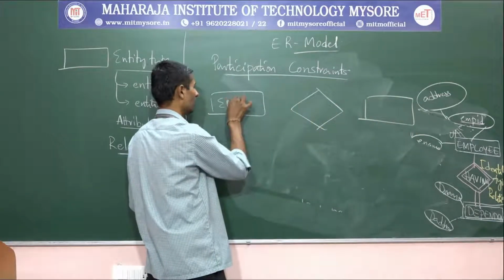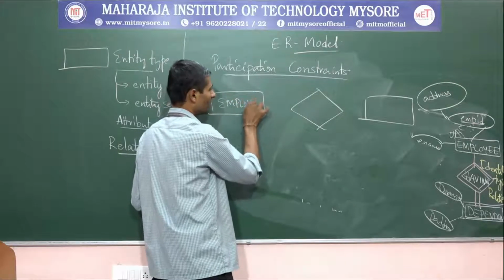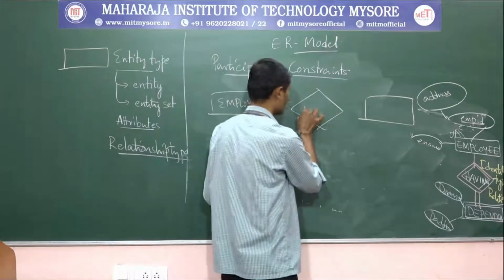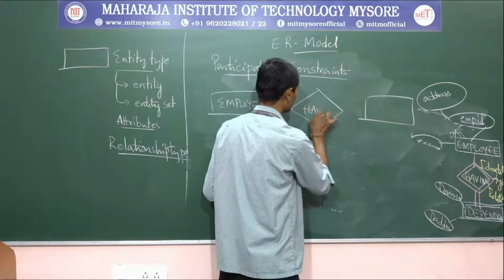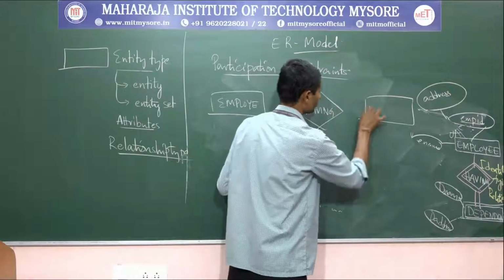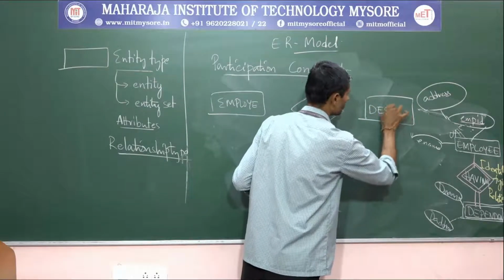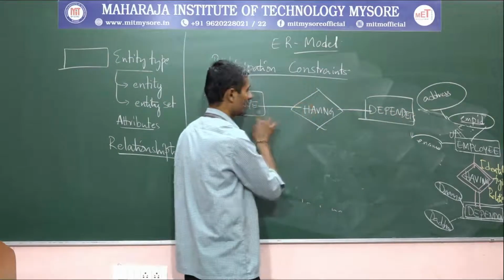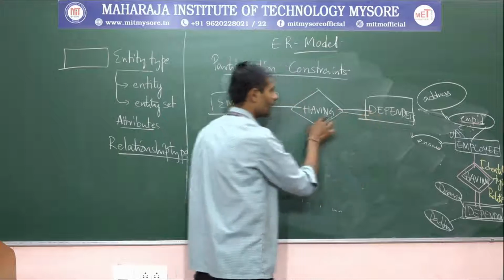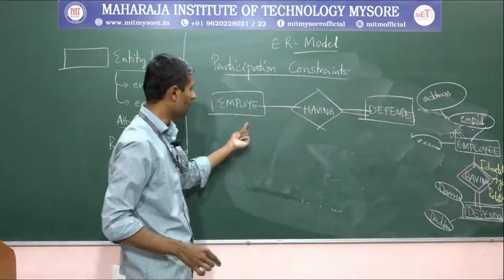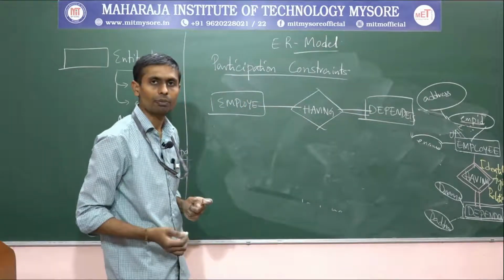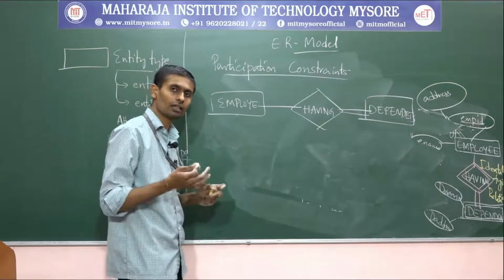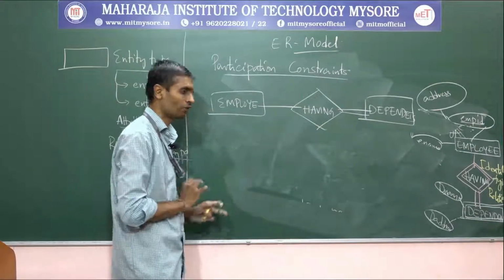Let's assume this is employee, or you can give any example, no issues, having dependents. I said every dependent is connected with at least one employee, but not every employee has a dependent. This is the assumption we made at this point.